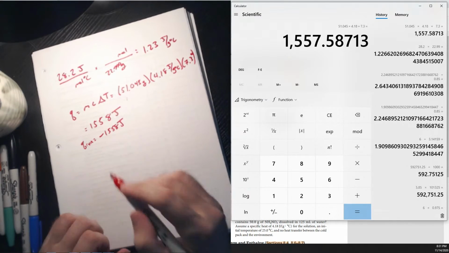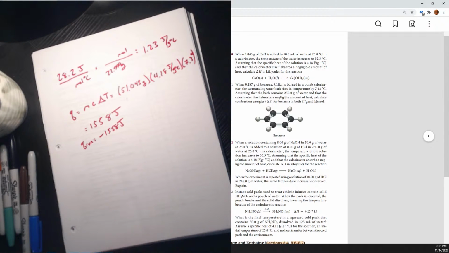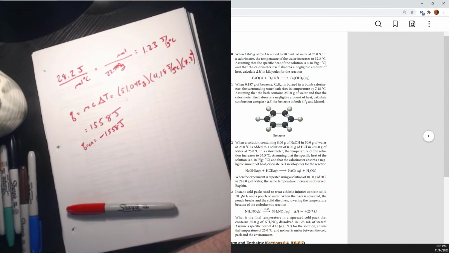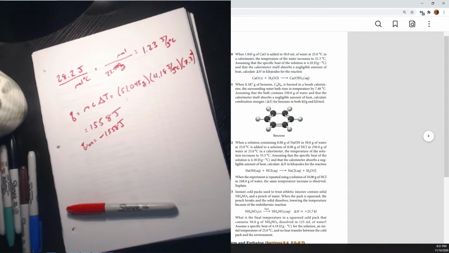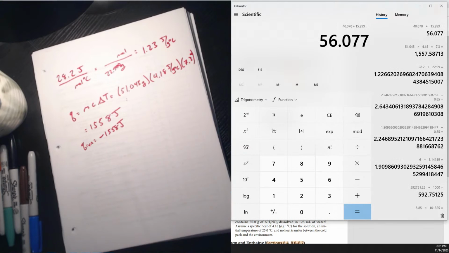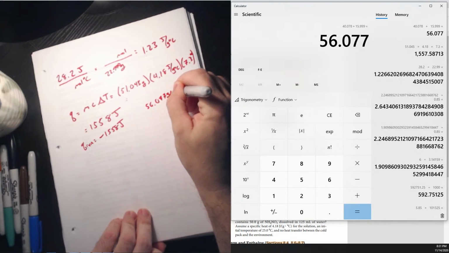And then the calcium oxide is going to be our limiting reagent, so we'll need the molar mass of calcium oxide. Calcium is 40.078. So 40.078 plus 15.999, 56.077 grams per mole.